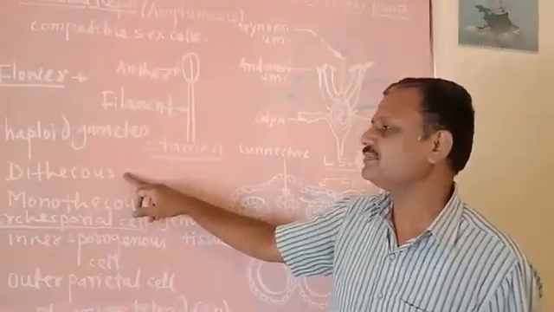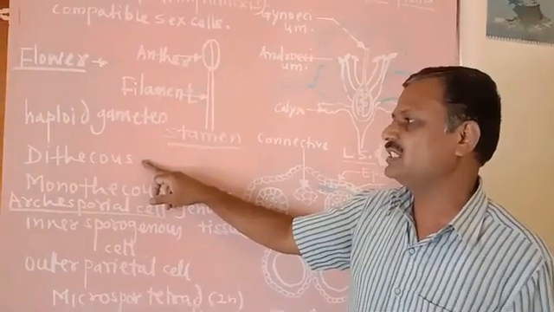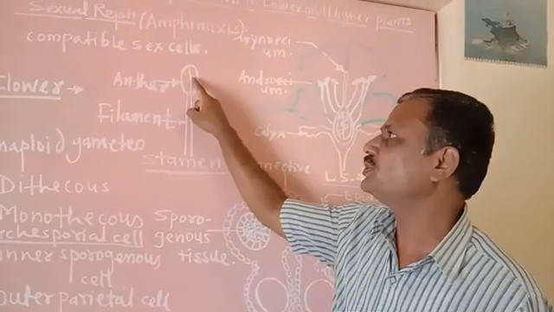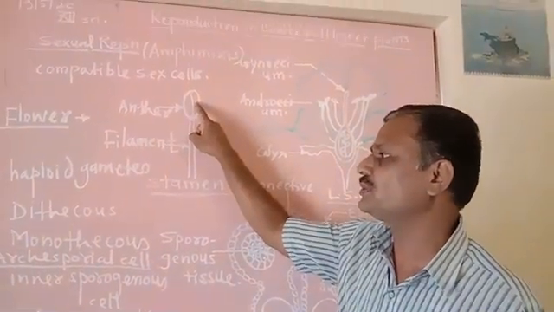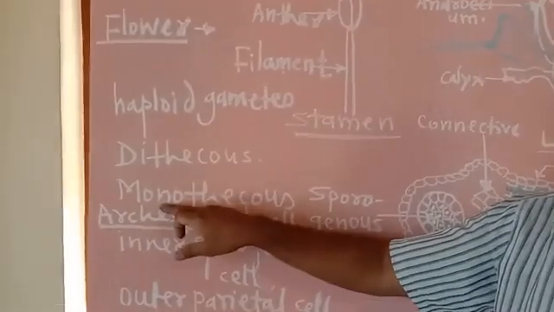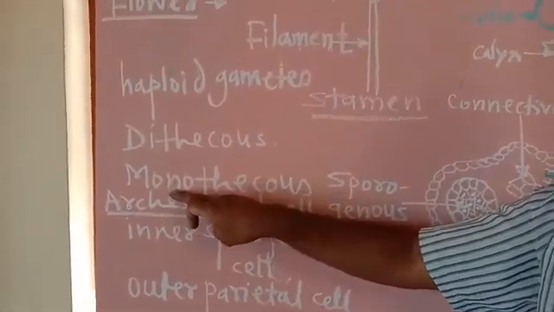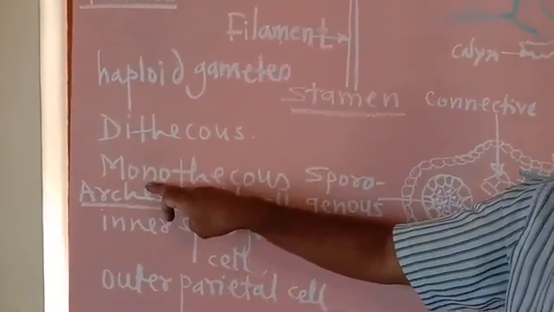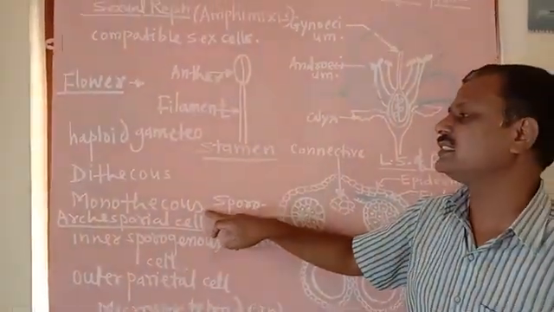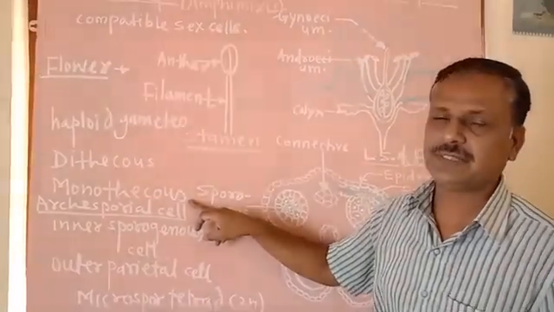Dithecous anther encloses two anther lobes, while mono means single. The anther which encloses a single lobe is called monothecous anther.